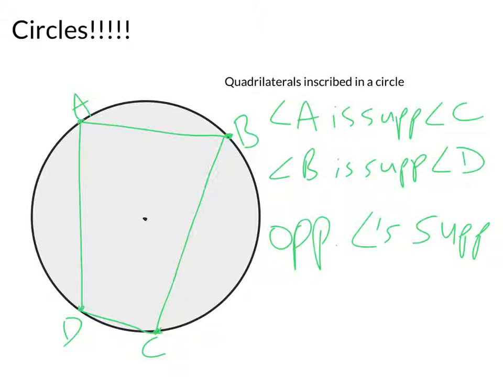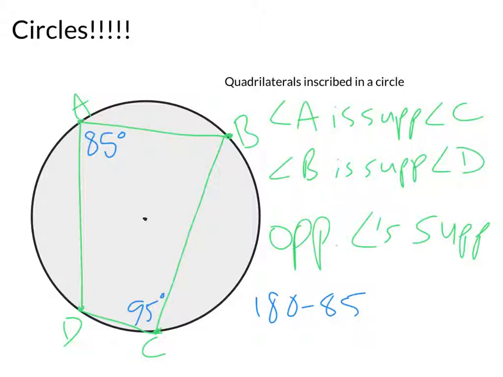So I could ask you a question. If angle A is, let's say, 85 degrees, what's angle C going to be? Well, 180 minus 85 gives me 95. So I can figure that out.